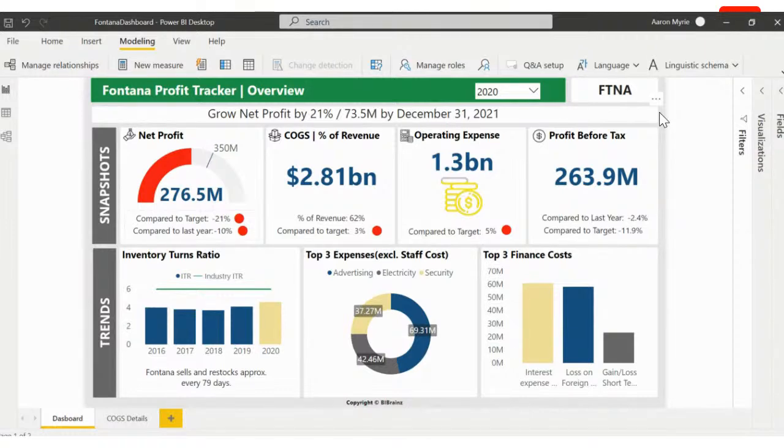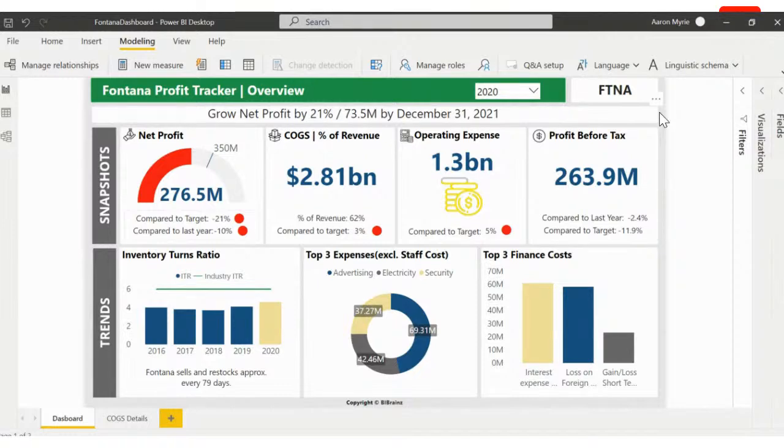They incurred an operating expense of 1.3 billion in 2020, and comparing to the target, they were over by 5%. And last but not least, profit before tax was 263.9 million, and comparing to last year, they were below by 2.4%. And comparing to the target, they were also below by 11.9%.